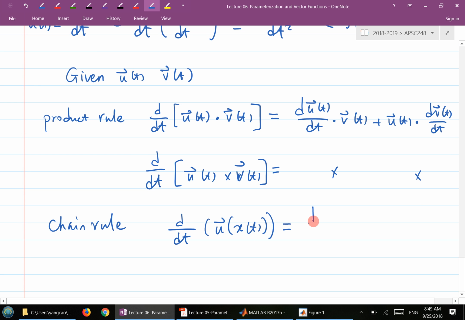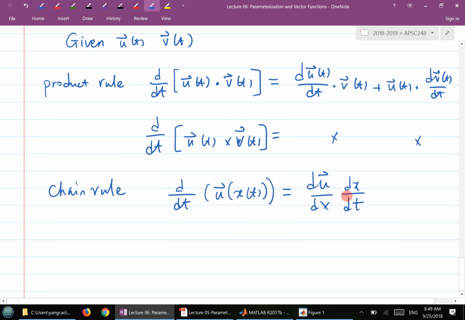You take the derivative of u with respect to x first, and then multiply by dx over dt.